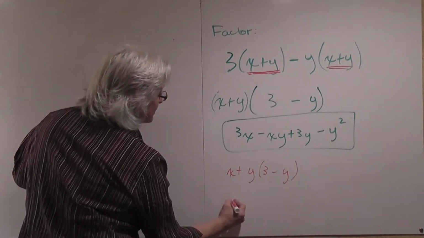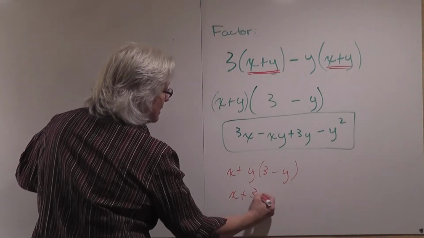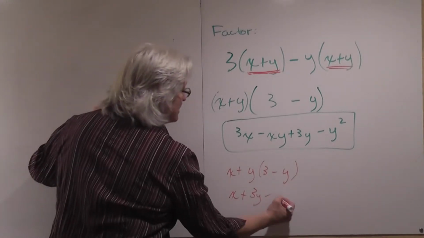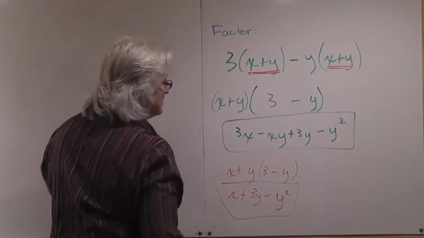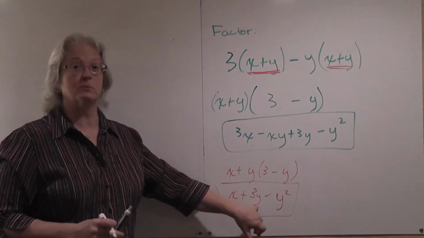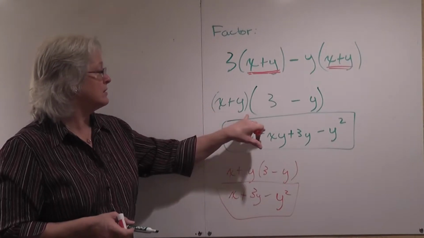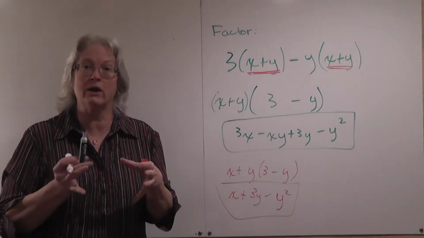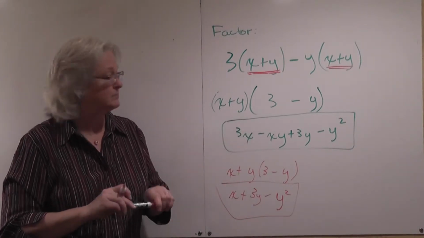So we have x plus y times 3 is 3y minus y times y, which is y squared. So you see that our problem is completely different. Make sure that you do not fail to include the parentheses to indicate what exactly you're using as a factor.